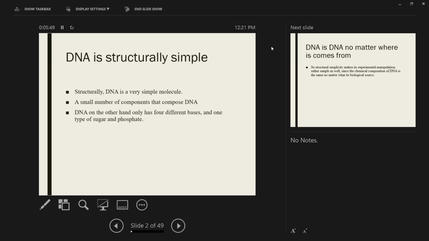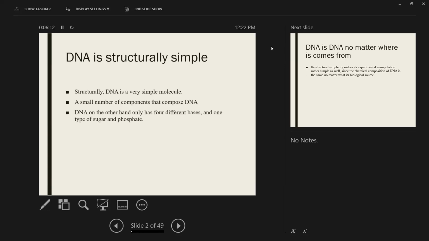As we said before, when the structure of DNA was solved, it was astounding how a molecule that was so simple could do so much. Furthermore, it became very clear that DNA, whether it came from humans or bacteria or any creature in between, was really the same.